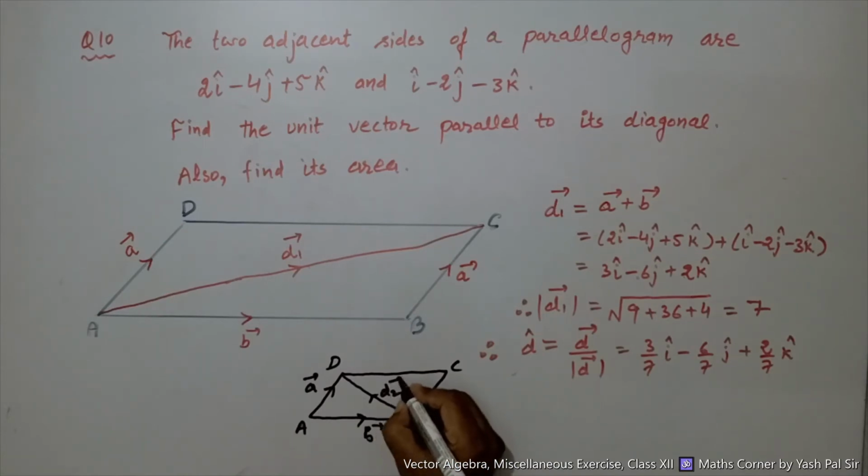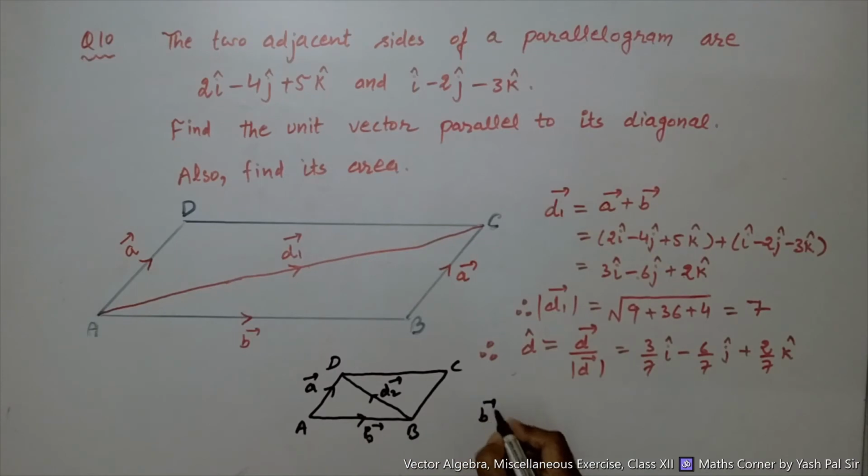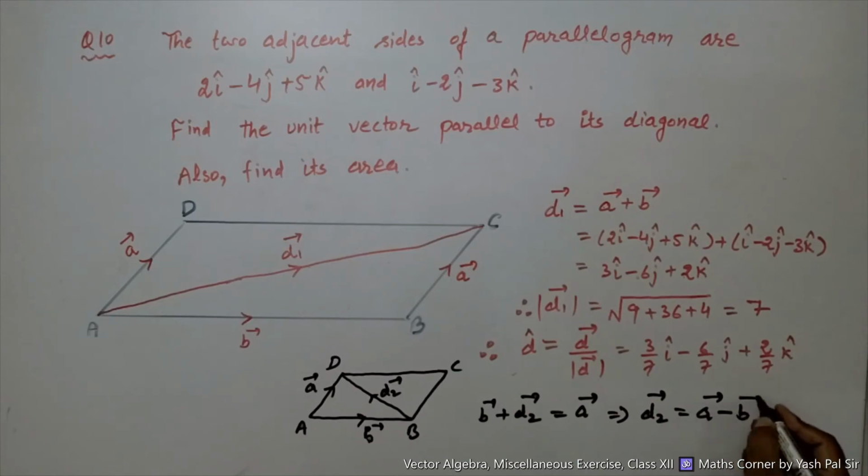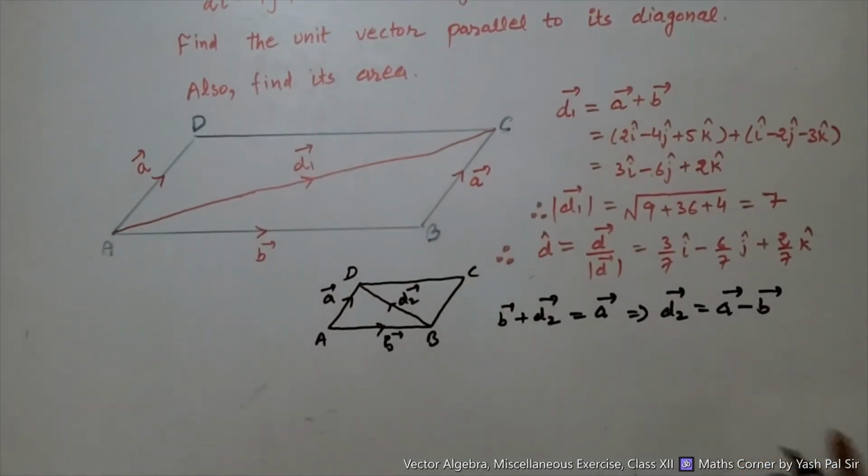BD is the second diagonal D2. So what does the parallelogram triangle law say? B vector plus D2 vector is equal to vector A. So this way we can say the D2 diagonal is equal to vector A minus vector B, right?